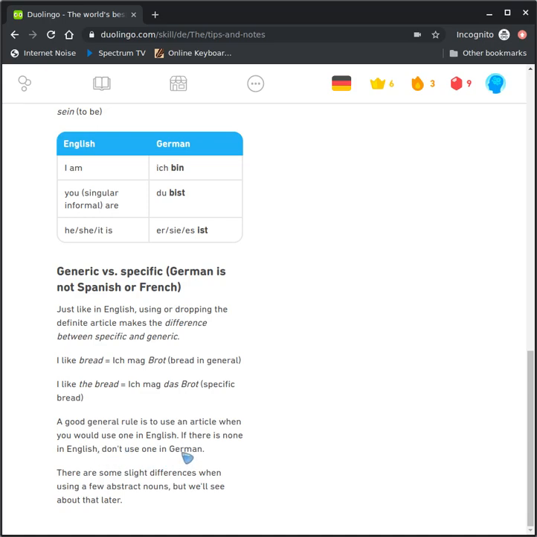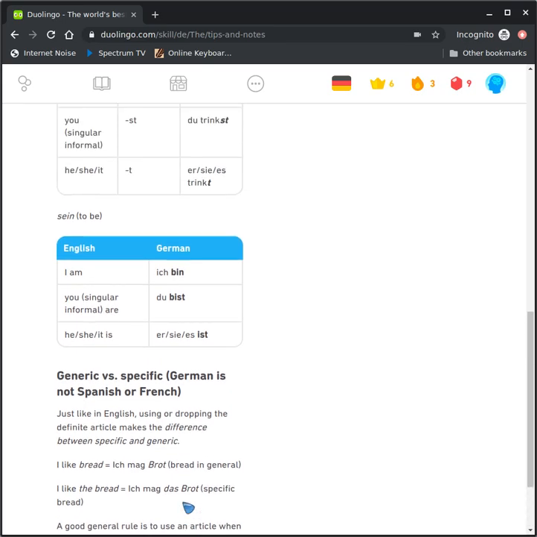Okay, I won't. Thanks for telling me. There are some slight differences when using a few abstract nouns. You know what abstract is, don't you? It's like something that exists in your mind, but not in the real world. But we'll see about that later. And that was it. That's the tips.